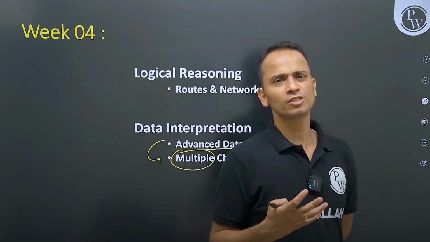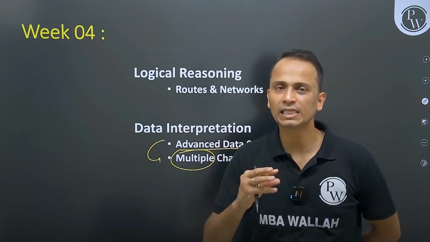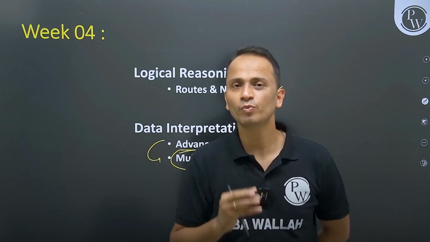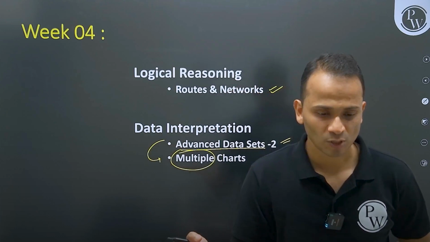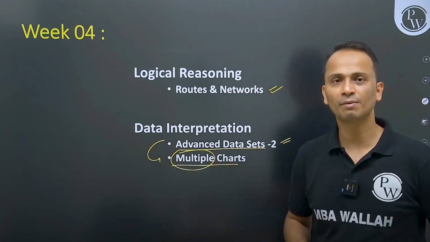Handling sets which have two data charts, 3 data charts, 4 data charts, these types of questions have appeared in CAT previously as well. Okay, so you must understand how to establish a correlation between one data set and the other. So you can start with multiple data sets in week number 4.